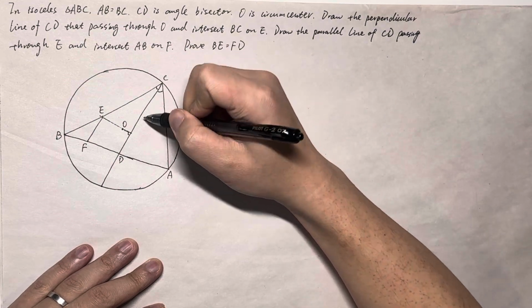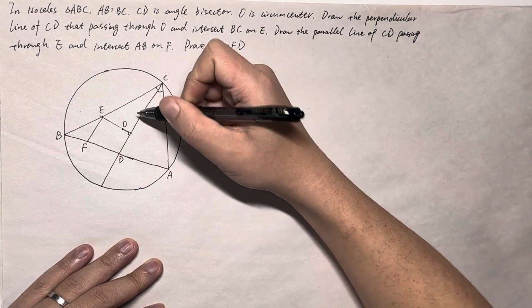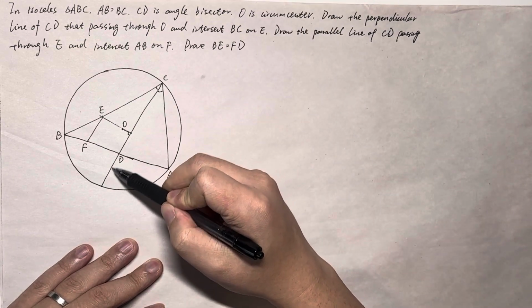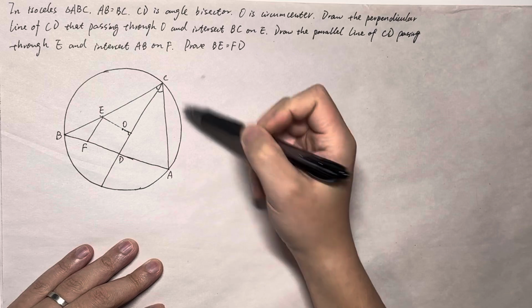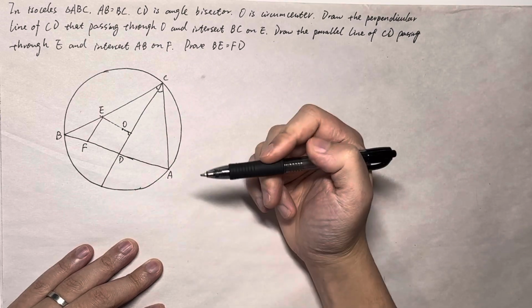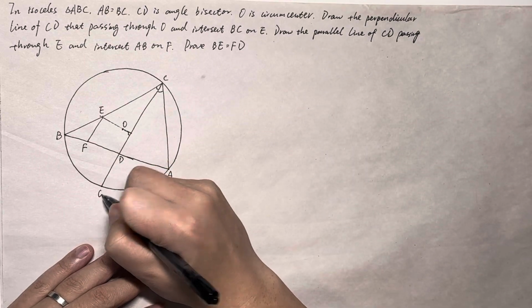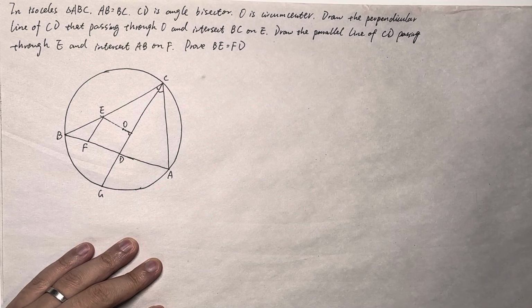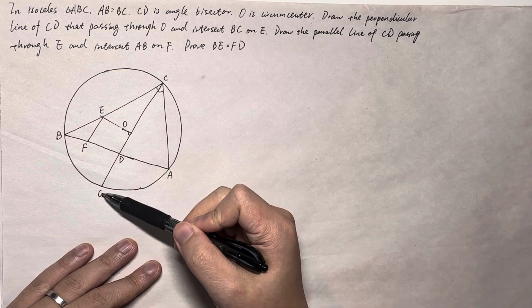The first thing is that we extend CD and intersect the circle O at another point. Let's call it G.